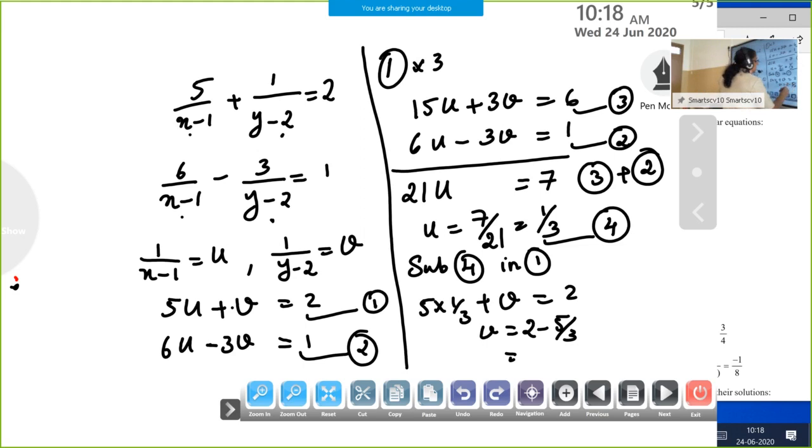Taking LCM, 6 minus 5 divided by 3, that is equal to 1 by 3. u is equal to 1 by 3 and v also is equal to 1 by 3.